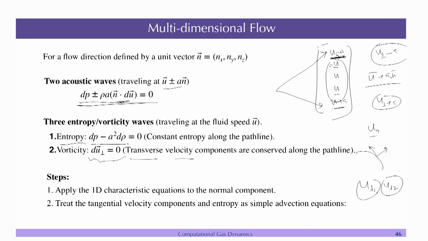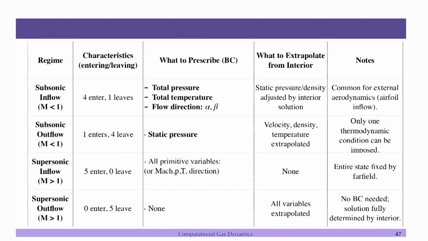So what is the step? Apply the 1D equation to the normal component: get the normal component and apply the 1D, and for the tangential velocity components just use simple advection, like we have been doing earlier. Now if you look at the 3D case with subsonic inflow, you have 4 entering and 1 leaving. Why?